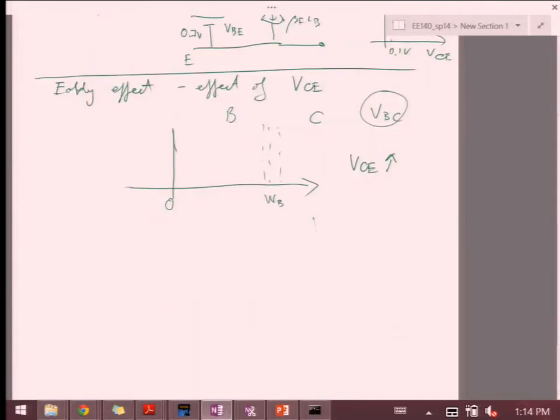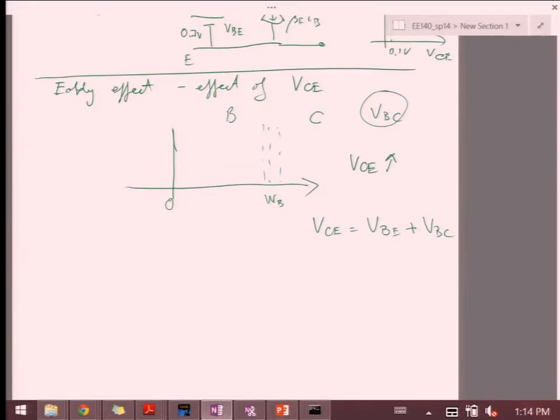Well, if you take a look at what VCE is composed of, it's VBE plus VBC. There's one voltage source from emitter to base, and another voltage difference between base and the collector.